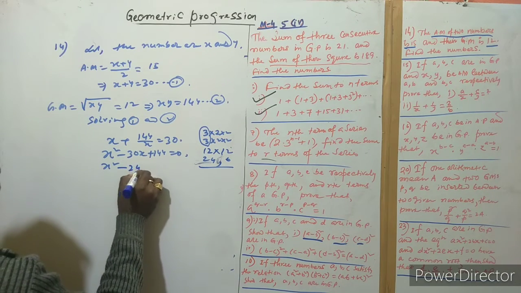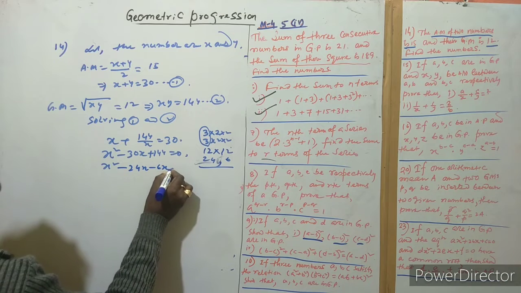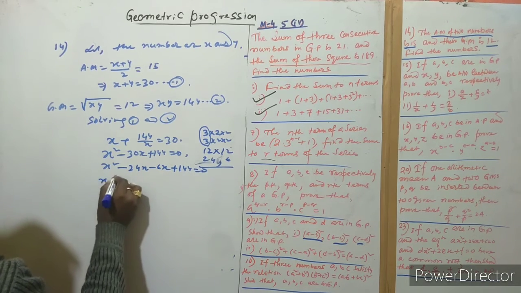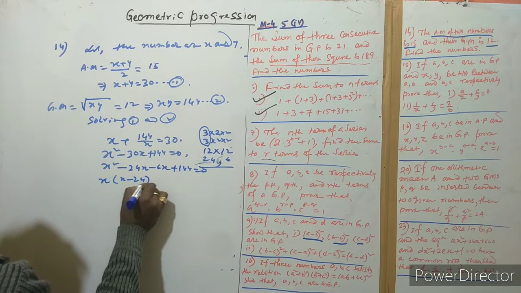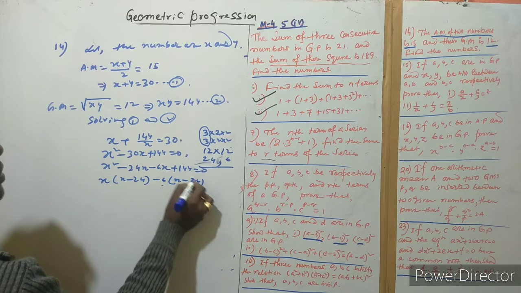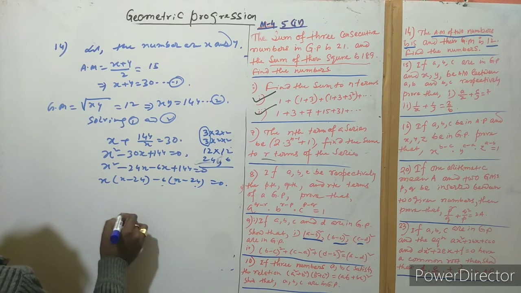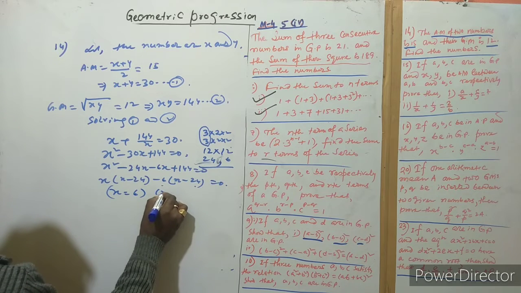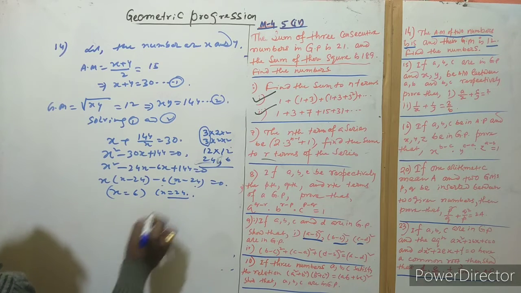So that's why X square minus 24X minus 6X plus 144 equal to 0. So we take a common X, and we get X is equal to 6 and X is equal to 24.